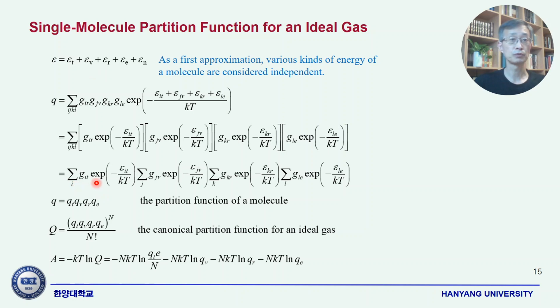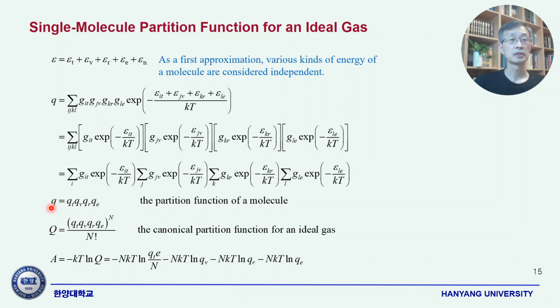So firstly, we do that for the translational energy, vibrational energy, rotational energy, and electronic energy, with a separate independent summation for translation, for vibration, for rotation, and for electronic. So the total molecular partition function is a product of the translational, vibrational, rotational, and electronic partition functions. Okay, so this is the partition function for a molecule.